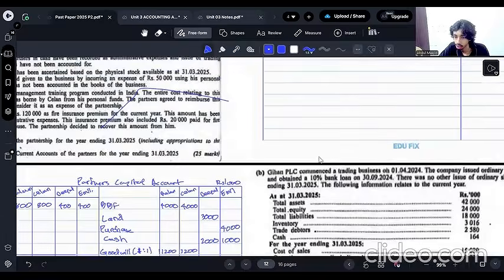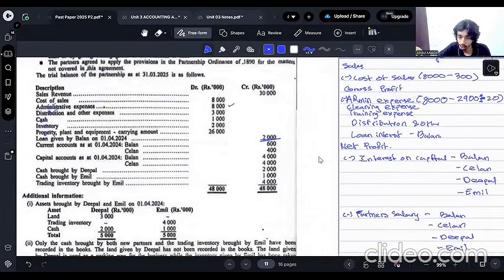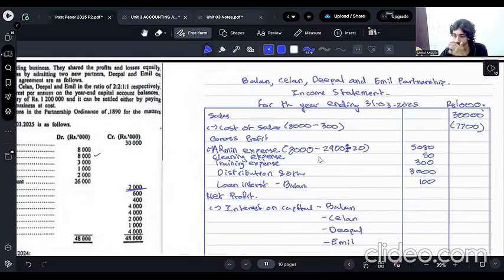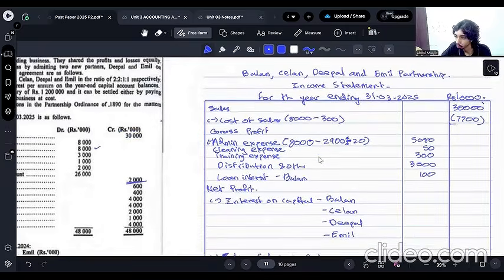All right. Then next, that is done. Current account balance, capital account balance, all adjusted. Cash brought by Deepal, cash brought by Emil, and the trading inventory brought by Emil, all adjusted. Okay. Then now you can find your profit. Gross profit will be 30,000 minus 7,700, that is 22,300.